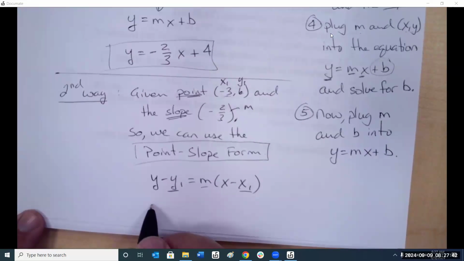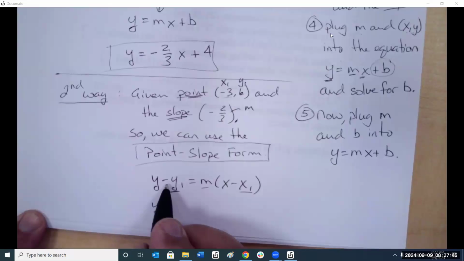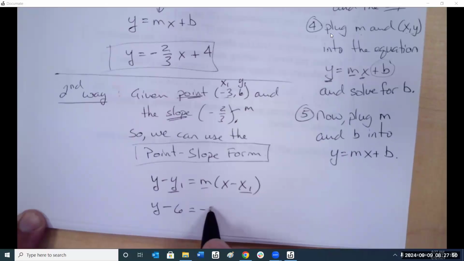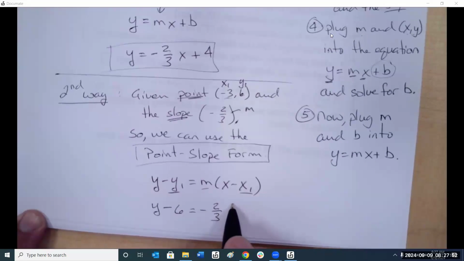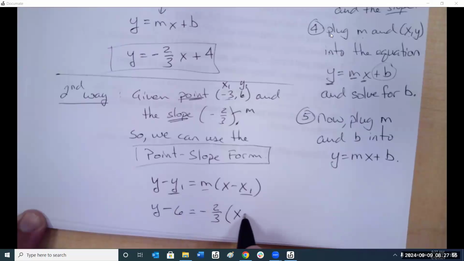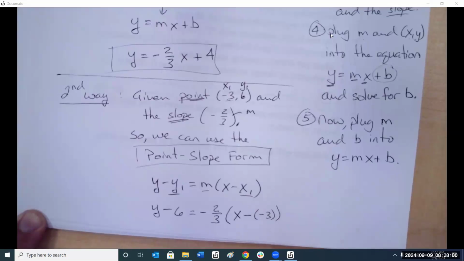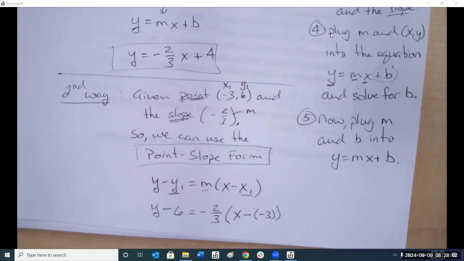Just plug those in your equation. y minus 6 equals -2/3 times (x minus -3). Once you do this, now just solve for y.